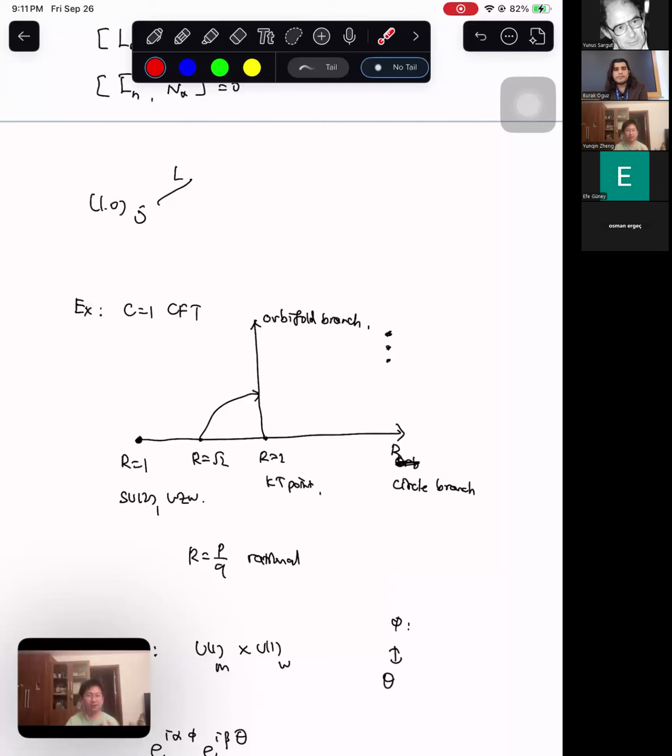So in the case when this R is equal to 1, then this L is invertible. So you have an invertible T-duality symmetry. And when this R is not equal to 1, then this L is non-invertible. So you have a non-invertible duality symmetry.